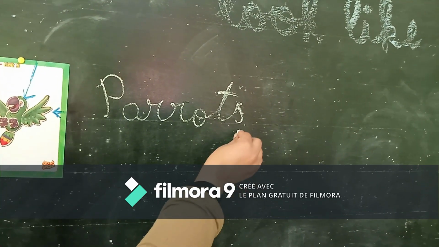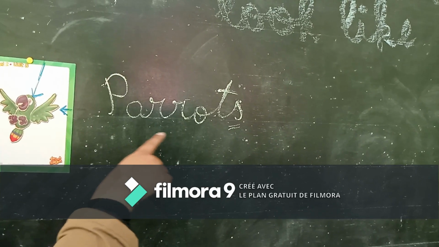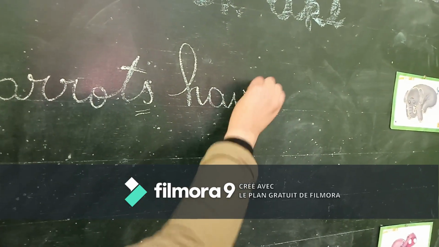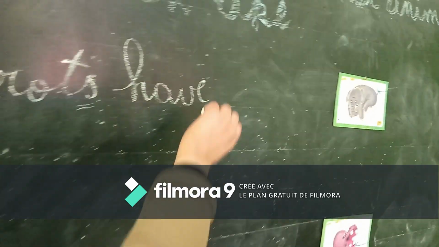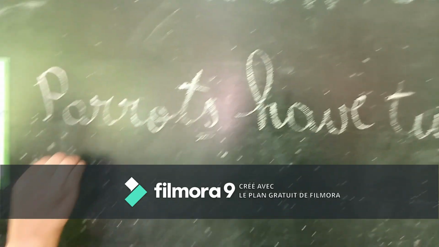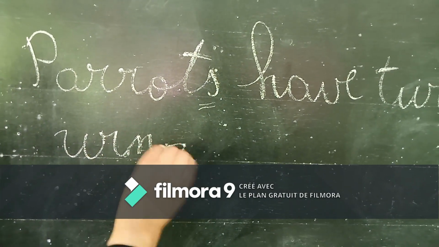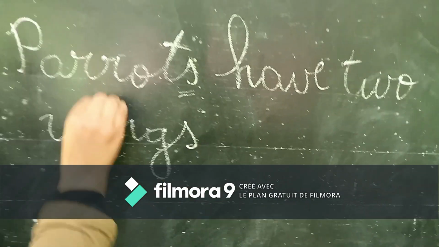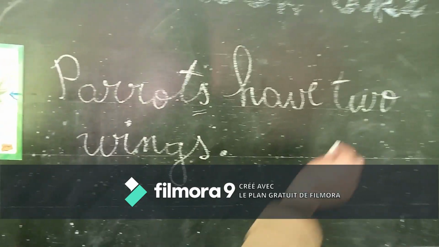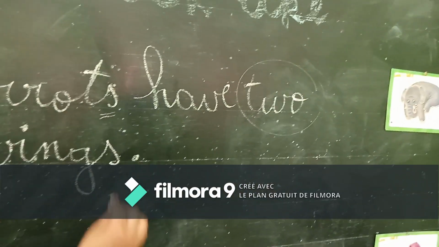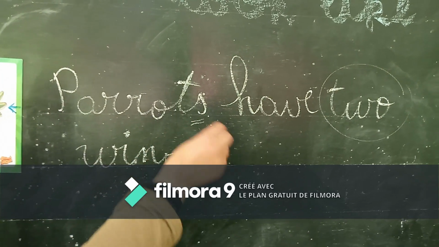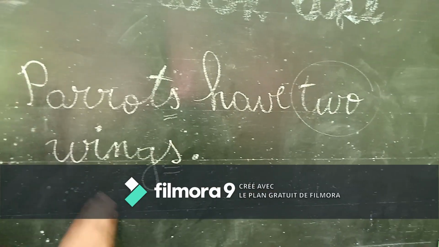All the time when you have the plural, we add s. So parrots have 2 wings. Full stop. As you see here, we have 2, and here we add s. We say parrots have 2 wings.